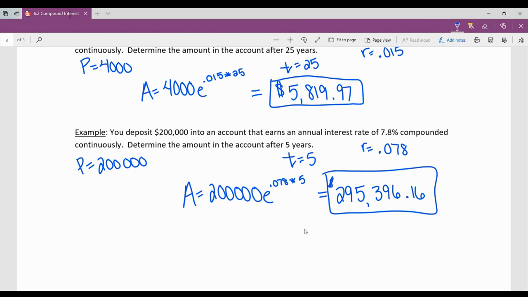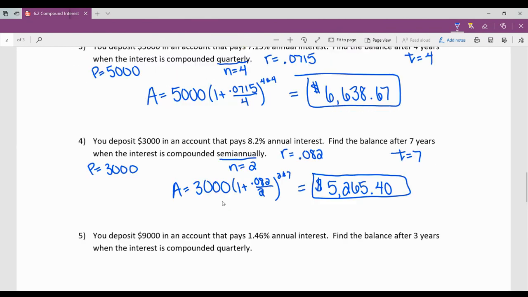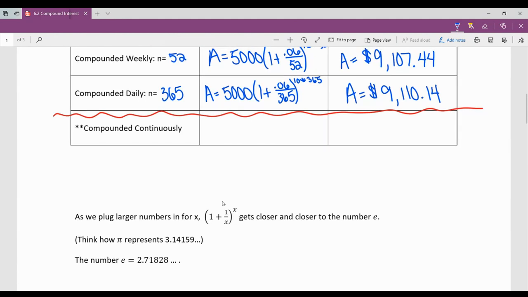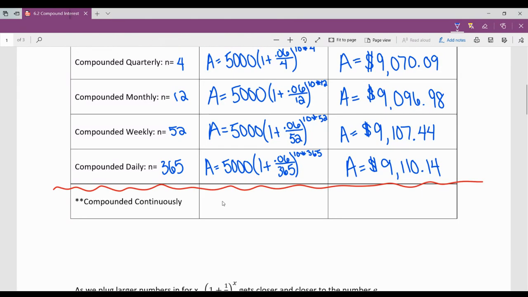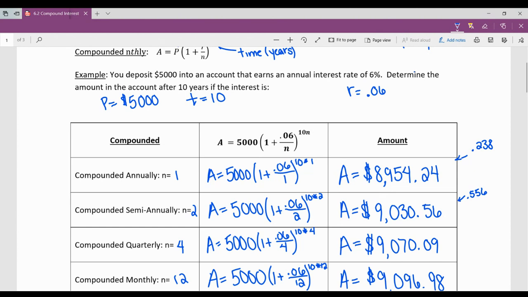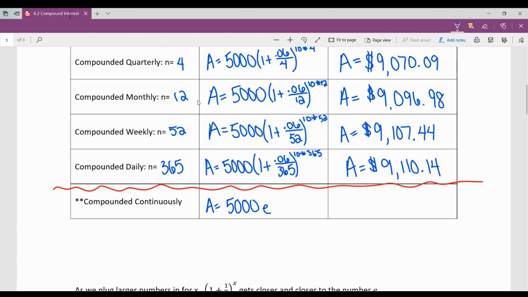All right, so now if we scroll all the way back up to the beginning where we had compounded continuously, A equals, and we use our amount that we were given originally, which is 5,000. E to the, now I got to recap, rate is 0.06 and time is 10. So RT is going to be 0.06 times time, which is 10.